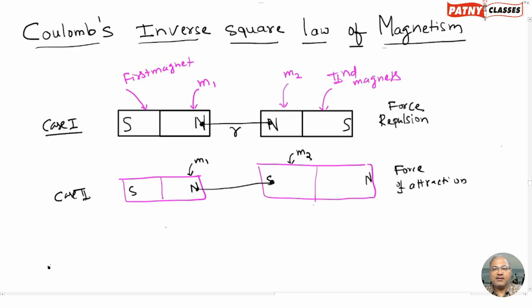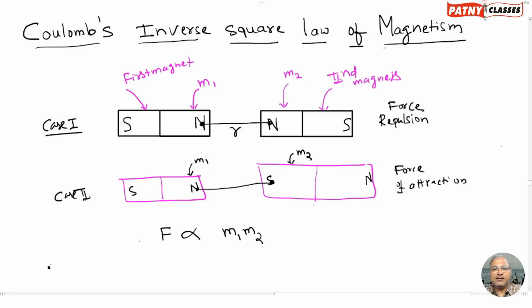And according to this law, the force of either repulsion or attraction depends upon the product of pole strength, that is M1 multiplied by M2. As the product of pole strength increases, the force also increases.